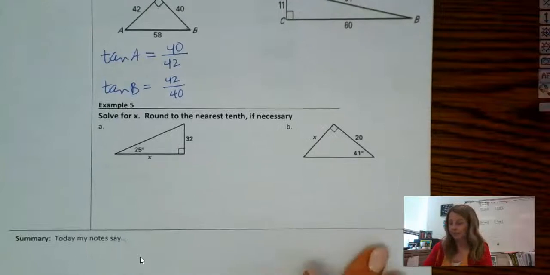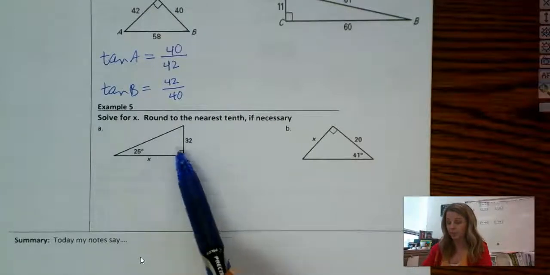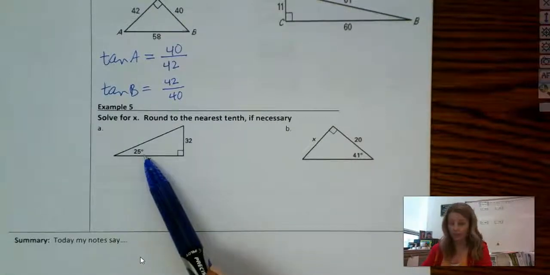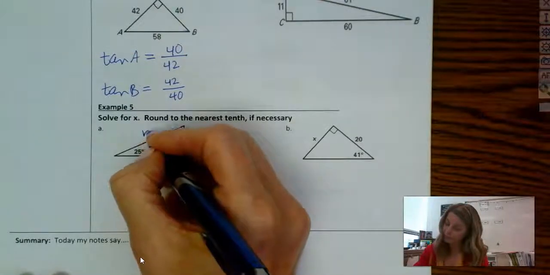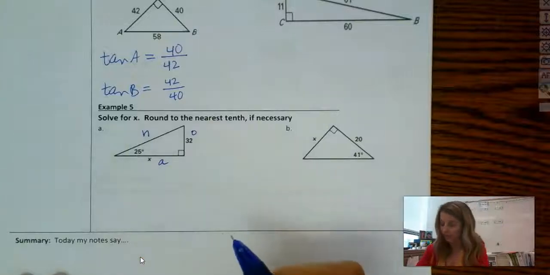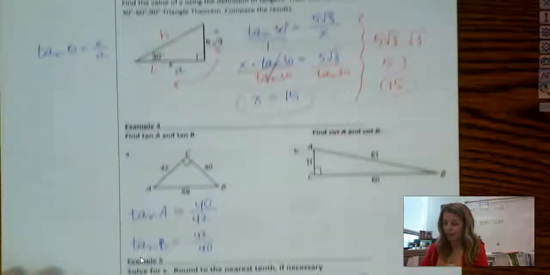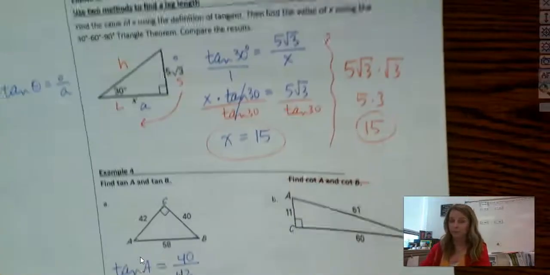Okay, let's solve. So last two on solving, I am going to use a trigonometric ratio here because I only know one side length and I have an acute angle. So from 25, of course here's hypotenuse, so this is my opposite leg, this is my adjacent leg. So we're going to set up that equation. Tangent of a degree measure equals opposite over adjacent.